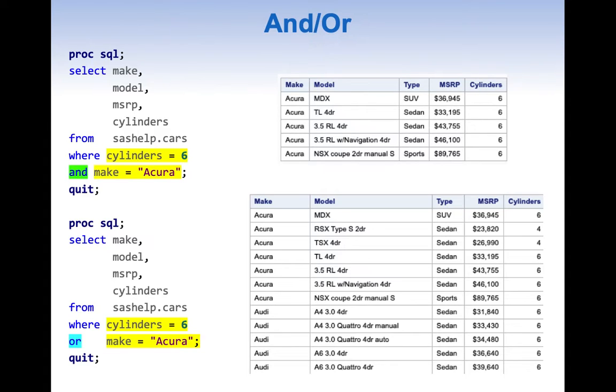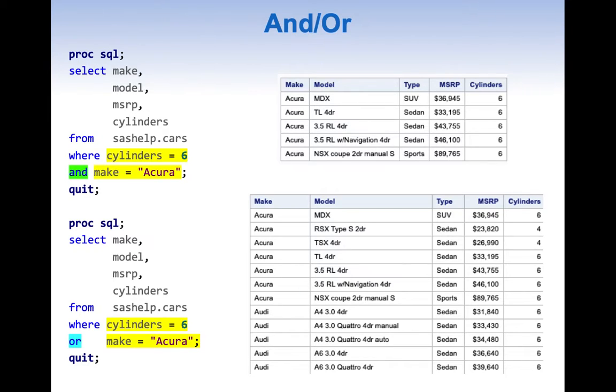The first one is cylinders equal to 6, the second one is make equal to Acura, and we are linking them through AND. So when we link through AND, the query has to satisfy both the conditions. It means our results should have both cylinders equal to 6 and also make equal to Acura.